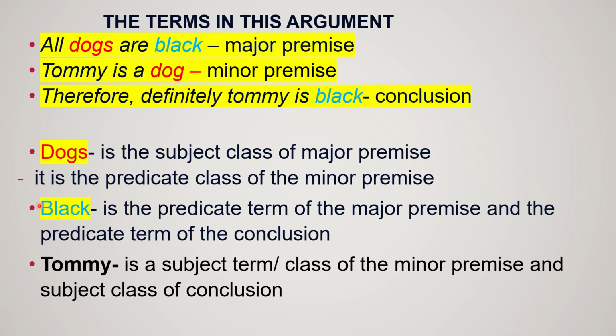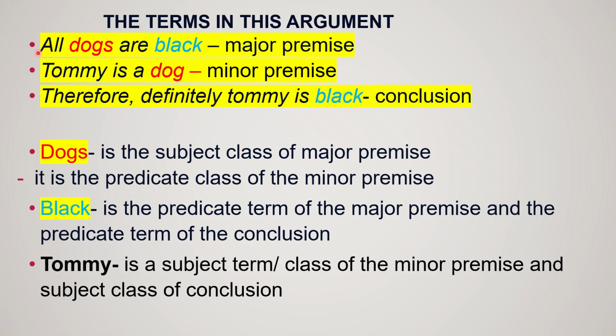And the word black has not been repeated in the second premise. You should now realize that in a deductive argument you start from general, then it becomes specific, and then you form a conclusion.